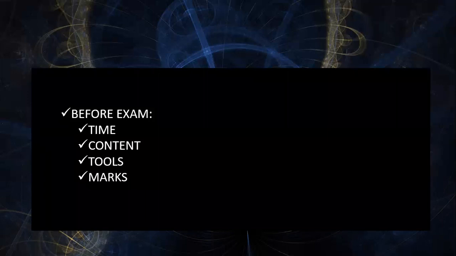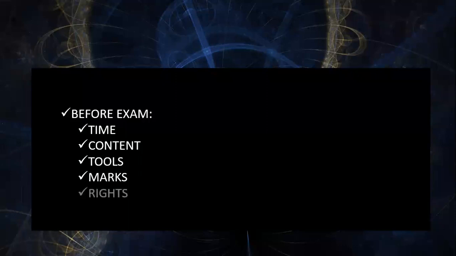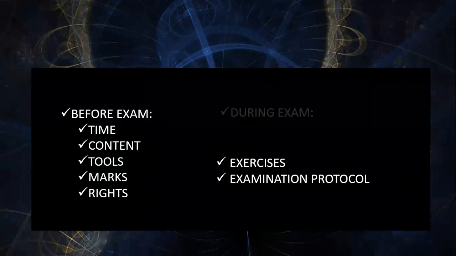Ordinarily, the percentage for paper 1 is 30%. And remember your rights, which means the instructions at the front cover of the paper. Also, remember the tips that we spoke about, the examination protocol and the exercises that we did.